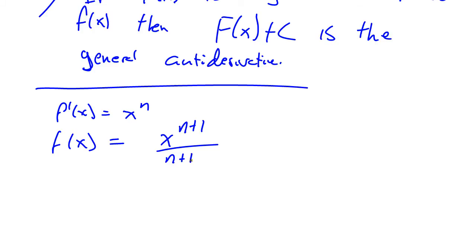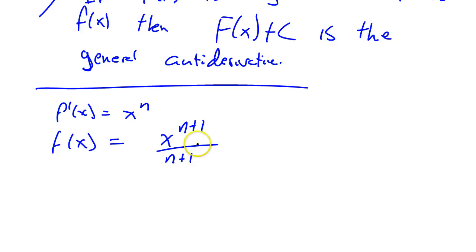That is, the antiderivative is exactly the reverse process of the derivative. To take the derivative, I would multiply by the exponent and then drop the exponent by 1. The reverse of that, doing the opposite things in the opposite order: rather than multiplying by the exponent and subtracting 1 from the exponent, I'm going to add 1 to the exponent and divide by the new exponent.